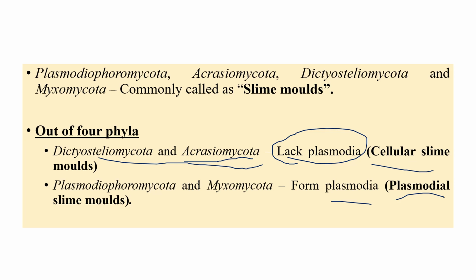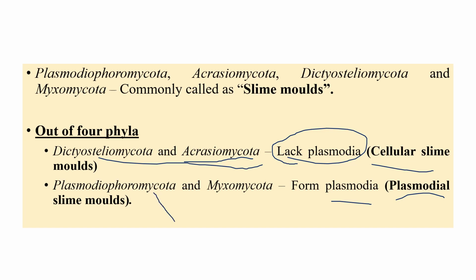We can expect questions in exams like: the presence of a plasmodial stage or plasmodial phase is the common feature in which fungi, Plasmodiophoromycota, Myxomycota, or some other fungi they will give. Generally they will ask only Plasmodiophoromycota.